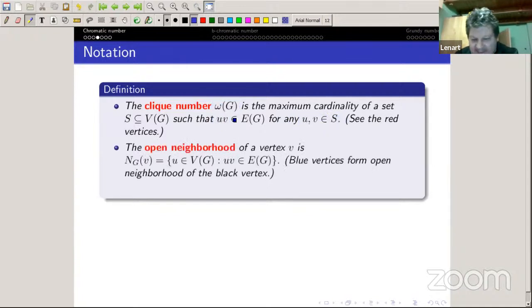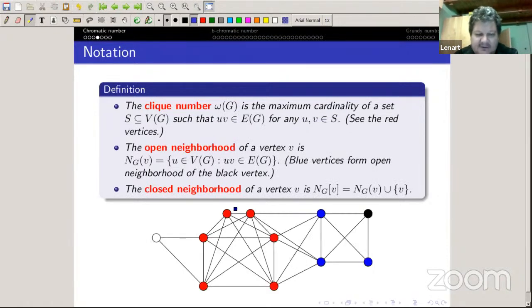If you observe on this graph all the vertices which are colored red, between any pair we have an edge, a line, and this means that this is a clique, and we are interested in the clique number, the maximum number of vertices with this property.